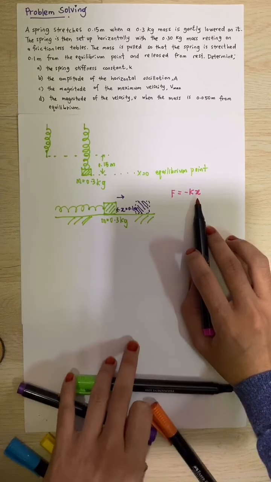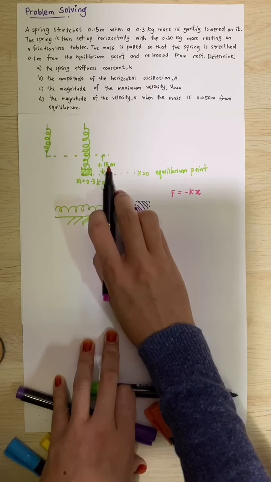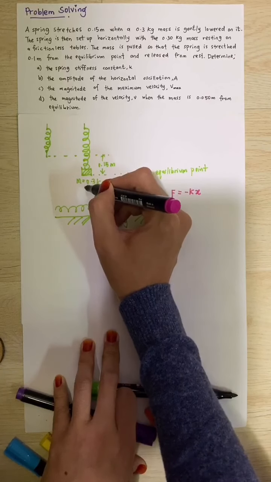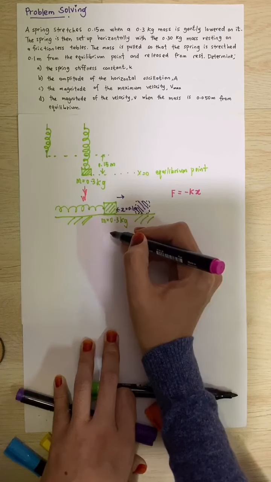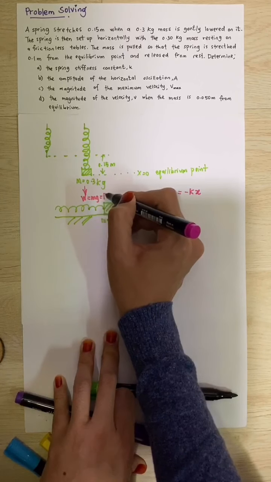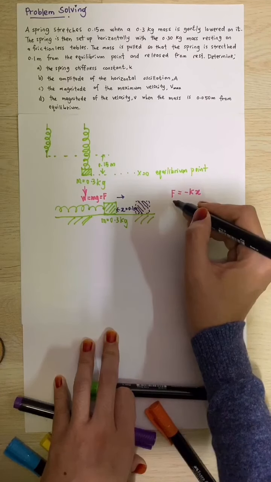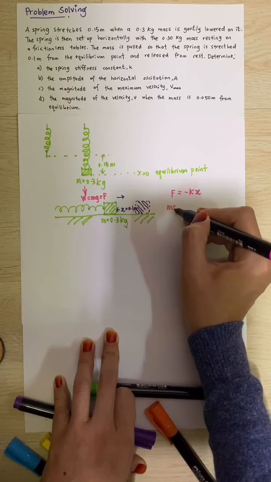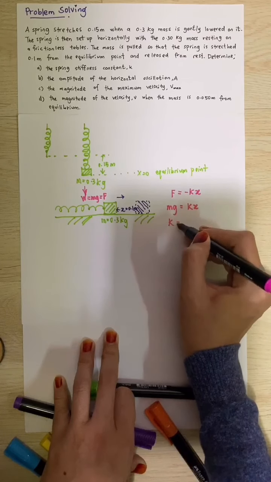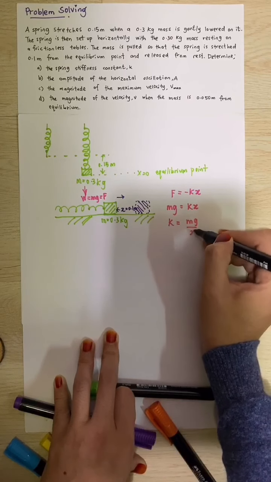From here we have the value of mass and x. For a vertically attached object, we have the weight downwards, so weight equals mg, which also equals the force. To solve question A, F equals mg equals kx. So to find the spring constant, K equals mg over x.